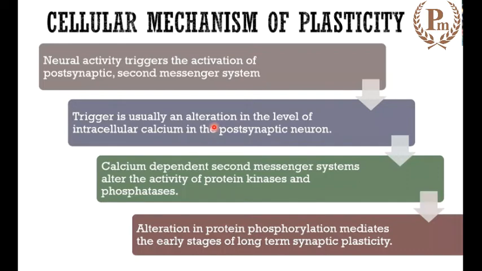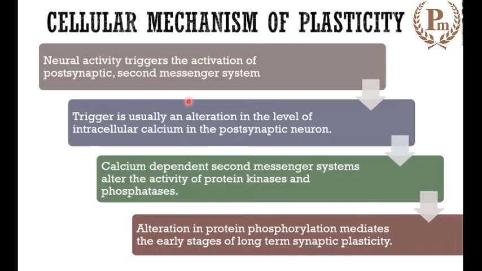Before we go into the types of plasticity or the types of synapses, we should know the core mechanism of plasticity. Since it involves synapses, the junction between two neurons, they interact with each other. We have a presynaptic terminal, or presynaptic element, which communicates with the postsynaptic terminal.